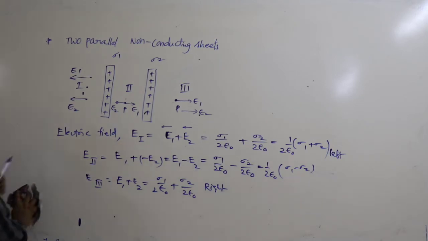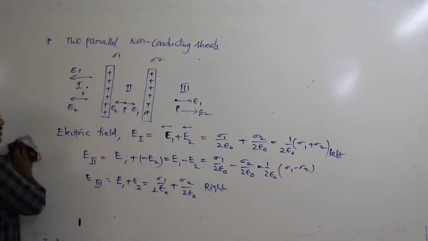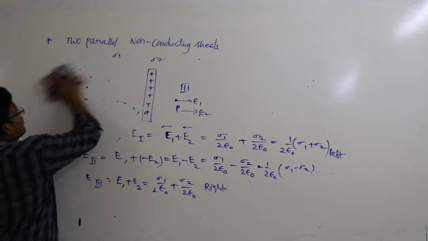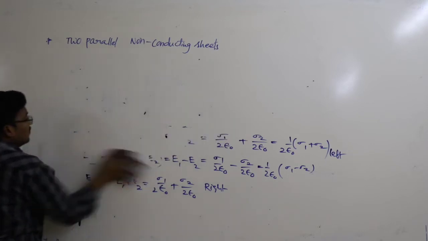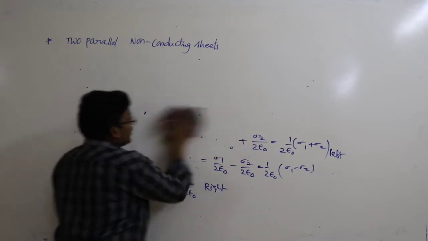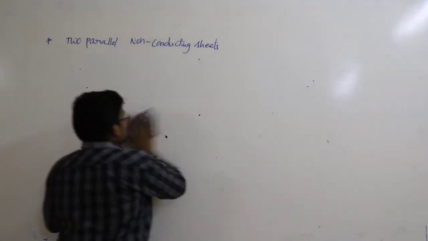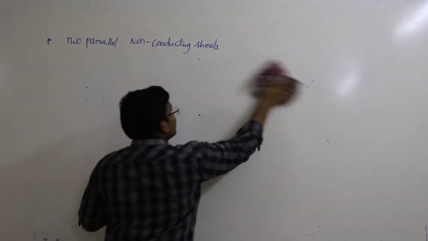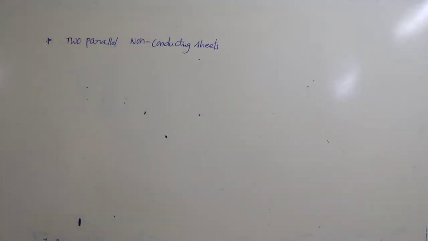Then this is about non-conducting sheets. Now if I give you a conducting sheet, the electric field will be sigma by epsilon naught, no? Okay, right.